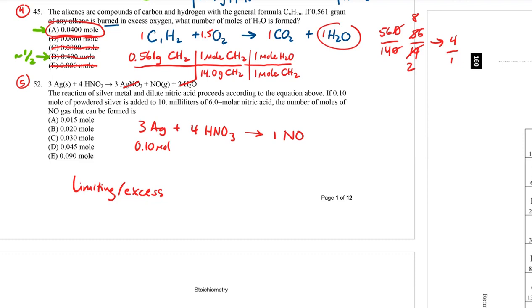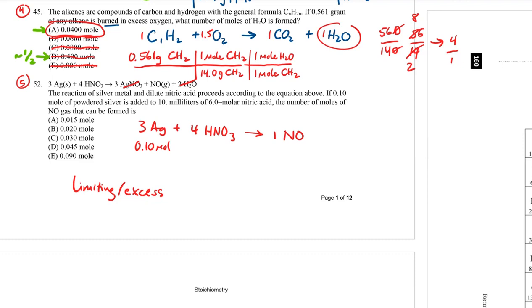And for the other one, we need to do a little multiplication. Because as always, with moles in a solution, it's volume times molarity to get moles. Now this is a molarity of 6 and a volume of 10 milliliters. But in order to solve this way and compare moles to moles, we're going to want to get those milliliters into liters.